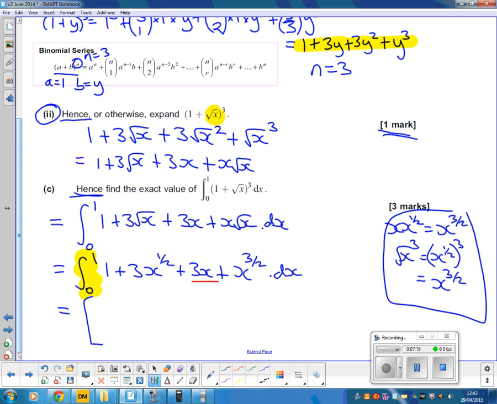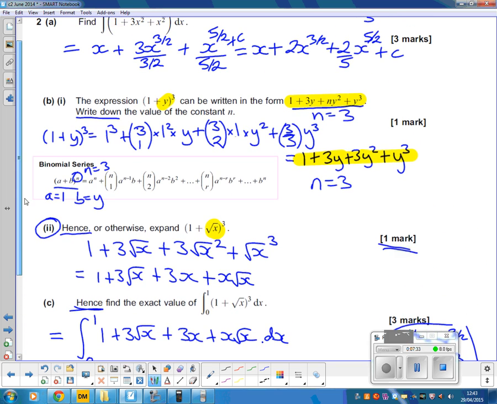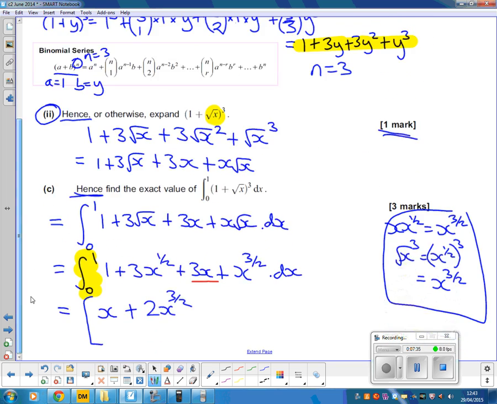So that's going to integrate to, we had 1 integrated to x, we had 3x to the half, integrating to 2x to the 3 over 2, in part A, all the way back to part A. Then we've got a new term, we've got 3x, increase the power by 1, divided by new power.